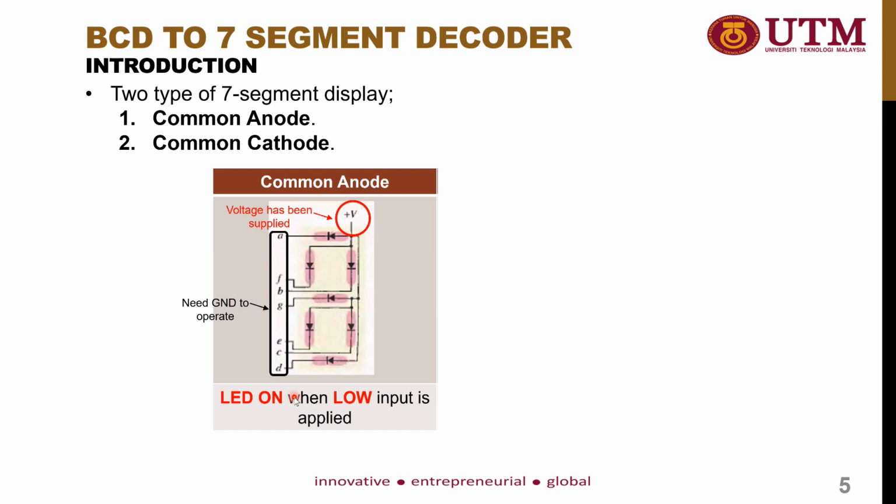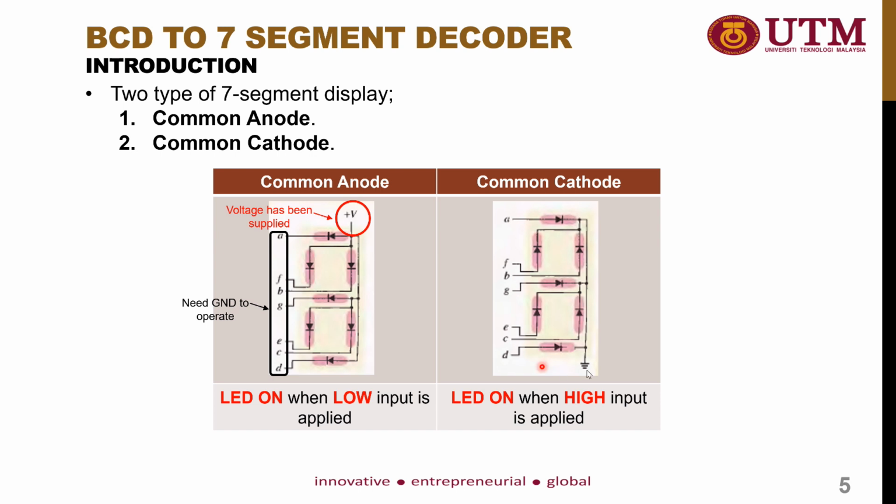In the common cathode 7 segment display, we already supplied the ground to the 7 segment display. So what we need to do to operate it is supply the voltage.